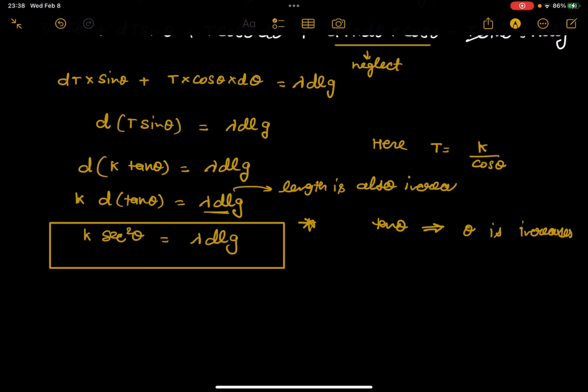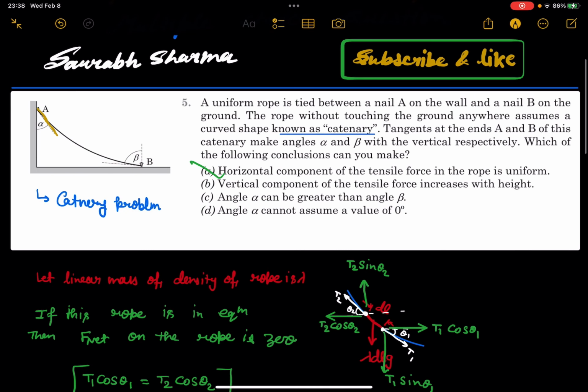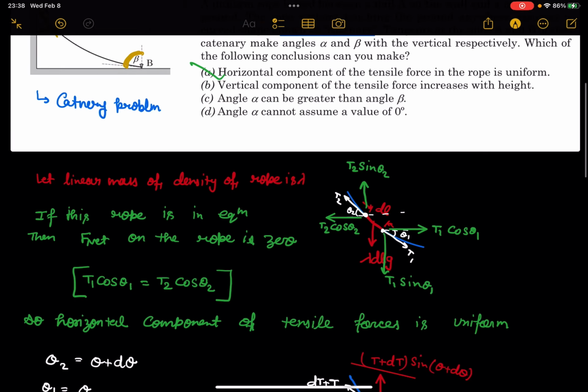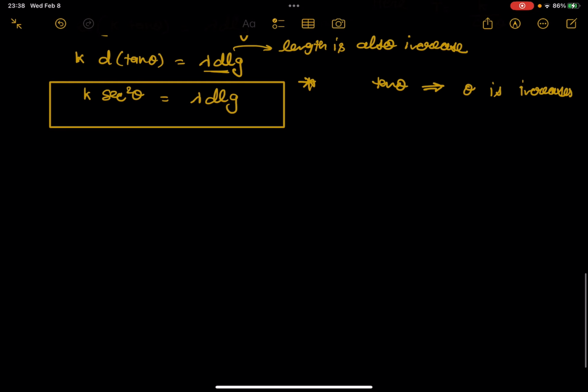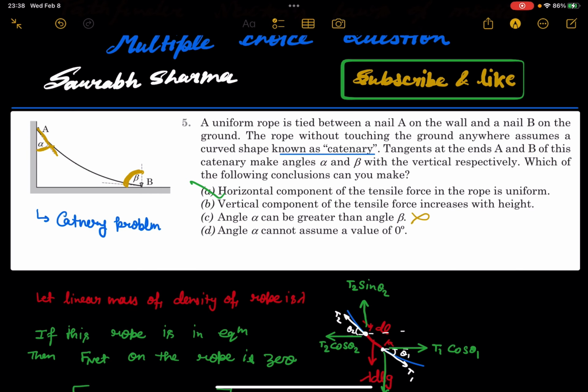So on this basis, for tan theta, theta increases because length L also increases. So in this catenary, for this slope and this slope, we can say that alpha is less than beta, so beta is more than alpha. So what is the answer? Alpha can be greater than beta. It is wrong, because beta is more, because length is continuously increasing.